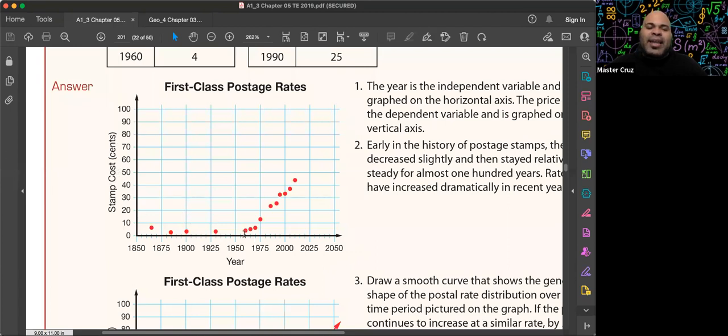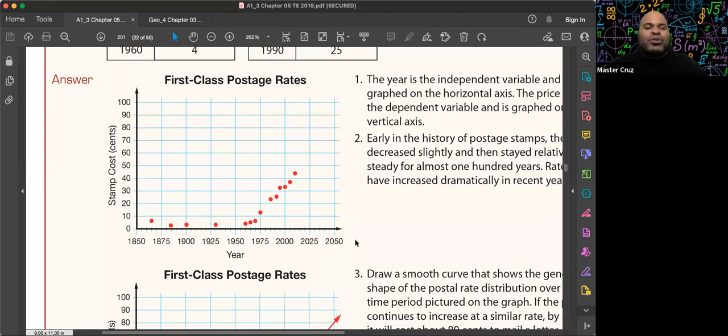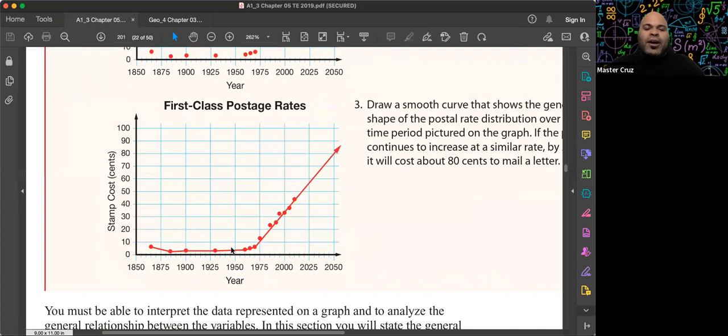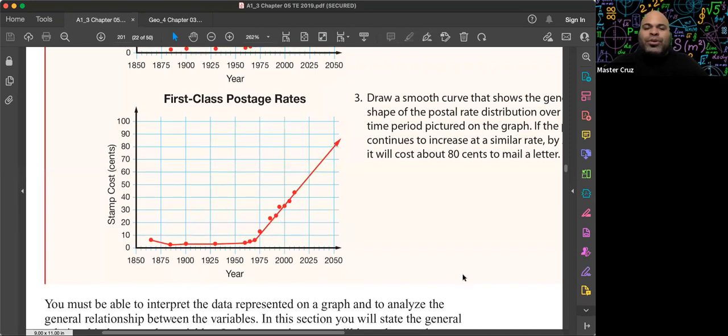And you can see that somewhere around the 1960s, maybe, it began to grow rapidly. So it was constant for a long period of time, and then it started to grow faster. So that's the difference between the rates, and that's how you can see the different graphs, and you can read them. It looks like this is an exponential growth, right? It was slow, slow, slow, and then it just, boom, it exploded real quick.